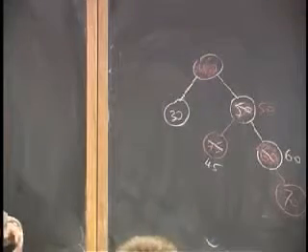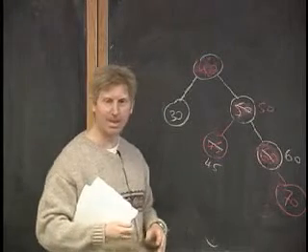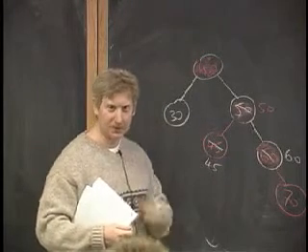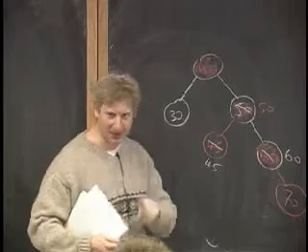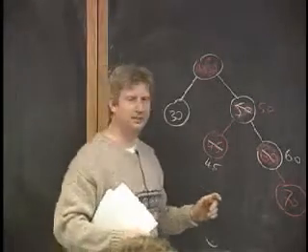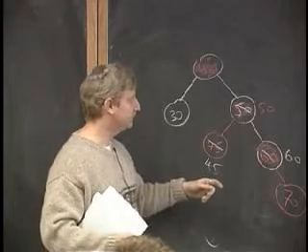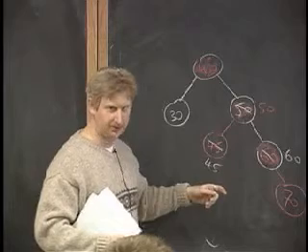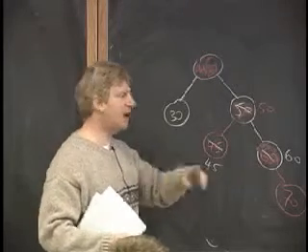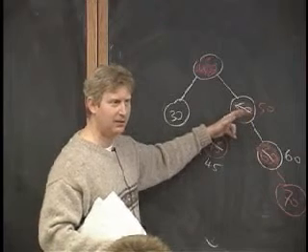And if the grandparent was already red and 50 was already red, then it would have to have black children. If 50 was already red, if the grandparent was already red, then this case would be impossible because both of his children, the uncle and the father, would have to be black. Chris is asking what happens when you can't change this from black to red because it's already red.